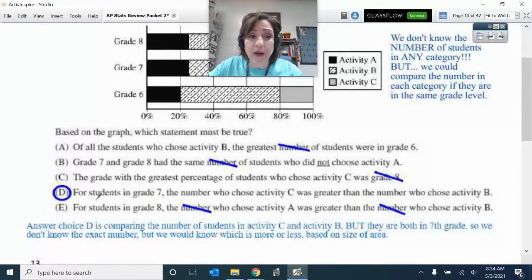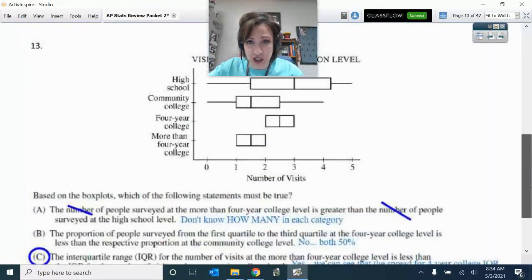So that's what happened for answer choice D. All of the other ones were comparing numbers between different grade levels, but D compared only two activities out of the same total, out of the same grade level 7. So that's why that one's the answer.